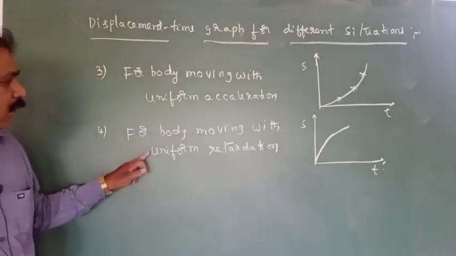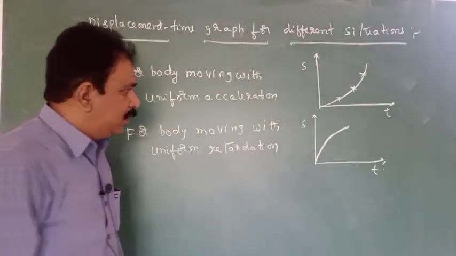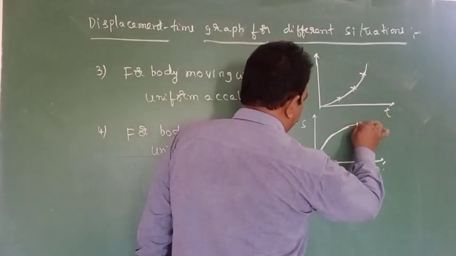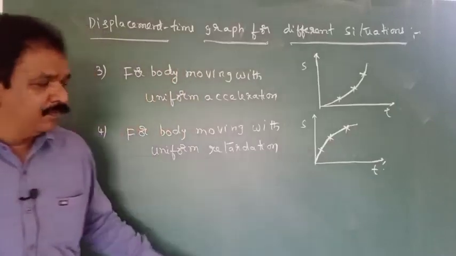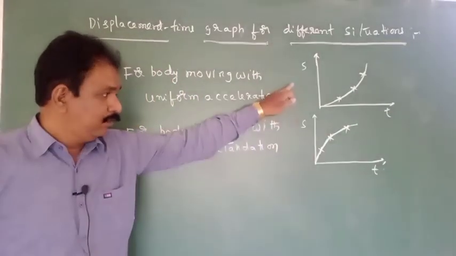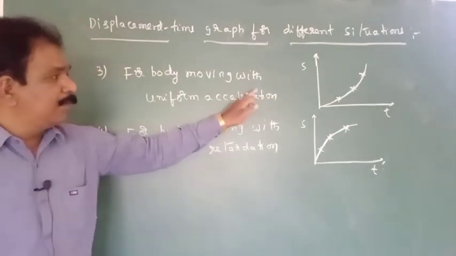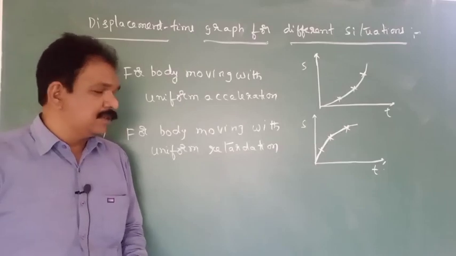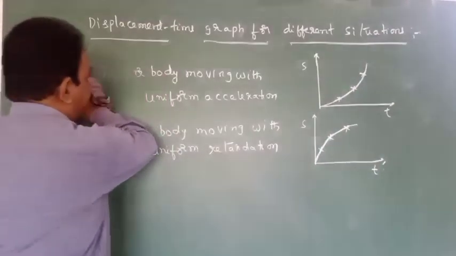Clear? For a body moving with uniform retardation, if we draw a graph between displacement and time, the shape of the graph will be like this. For uniform acceleration, the shape of the graph will be like this. Clear? Next, for a vertically projected body.